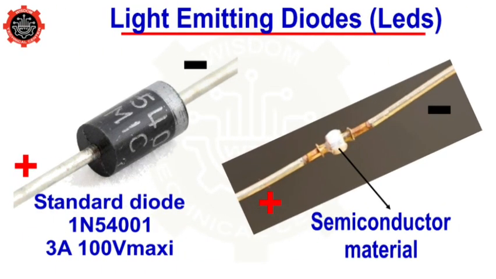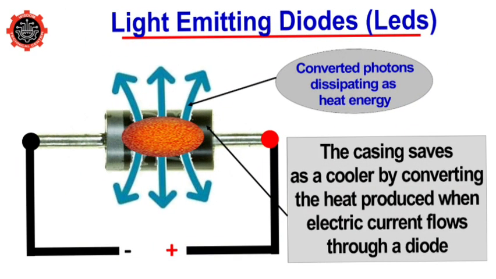Now, a standard diode uses different materials in its semiconductor region or layer, which produces photons in the near infrared range. These photons be absorbed by the casing of the normal diode and converting that photons to heat energy.